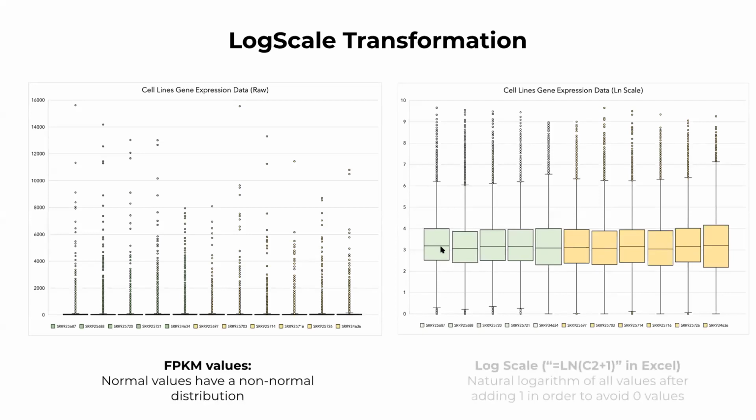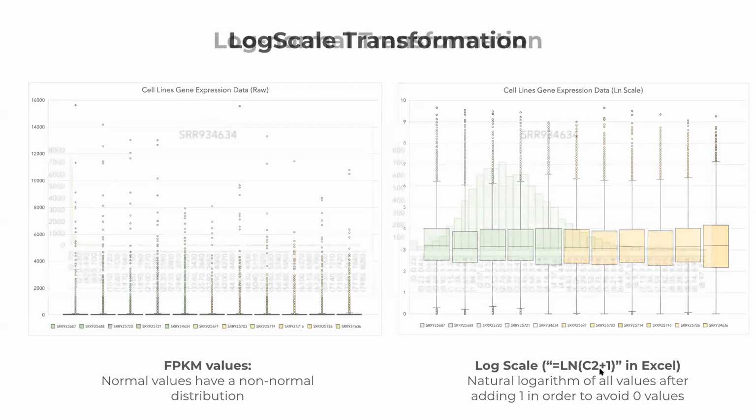So this log normal transformation, really all it is, is a natural logarithm of the original value. Sometimes you have 0 as the original value. So if you want to do this in Excel, for example, you have to do logarithm of the value plus 1, because of course that does not change the logarithmic scale.